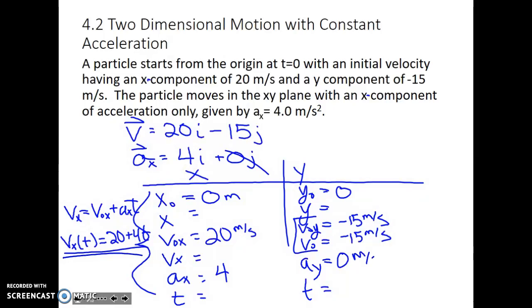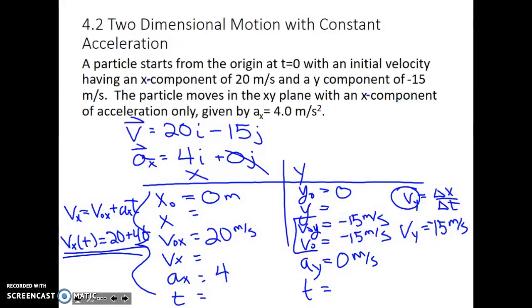Acceleration equals 0 meters per second squared. My velocity in terms of time, the velocity equals delta x over delta t. So velocity in terms of time is just going to be that negative 15 since it's constant. So v of y equals negative 15 meters per second. I apologize, the negative.